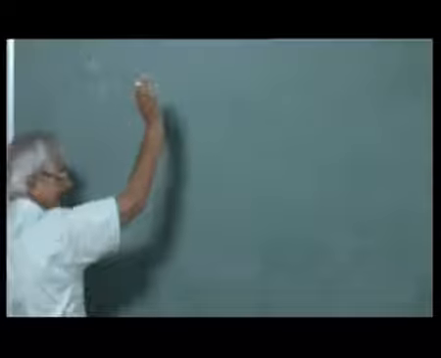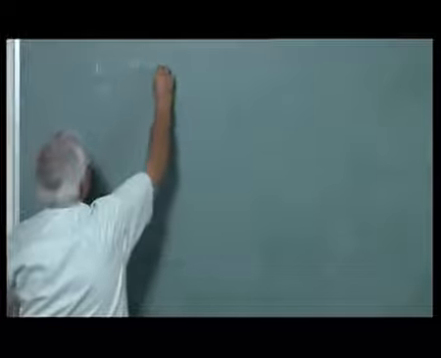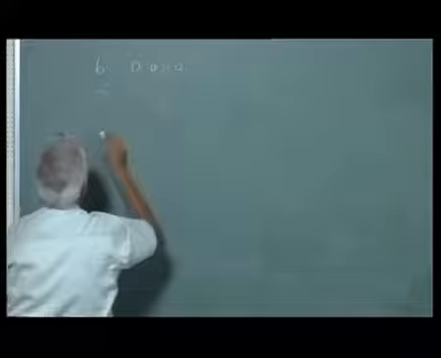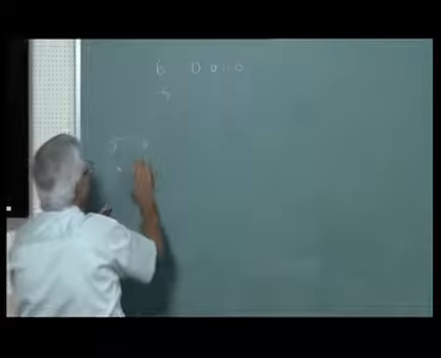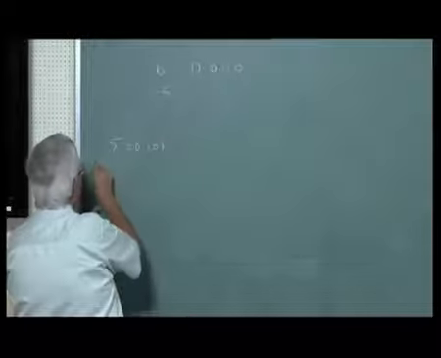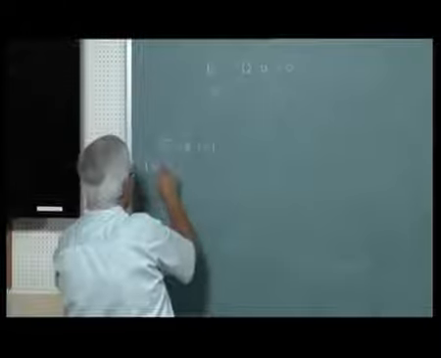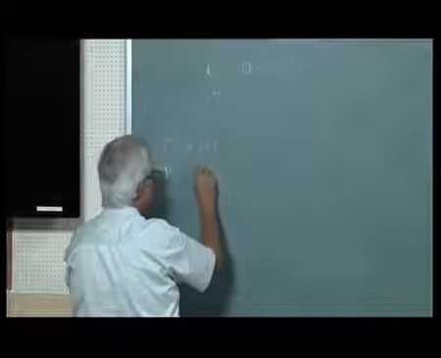6 is 4 bits again, with sign bit 0: 0, 0, 1, 1, 0. 5 is 0, 0, 1, 0, 1. The 1's complement is 1, 1, 0, 1, 0.